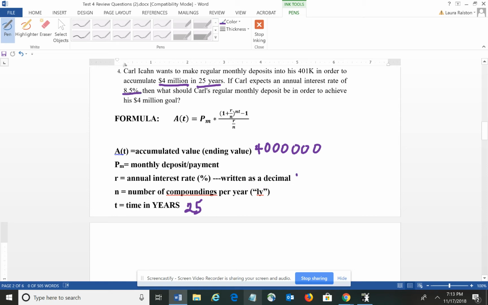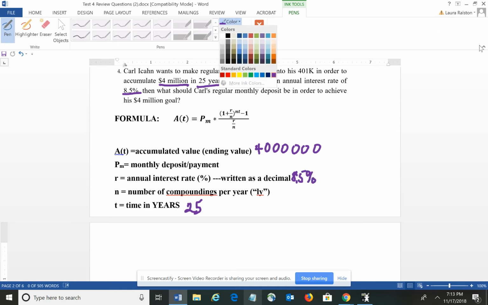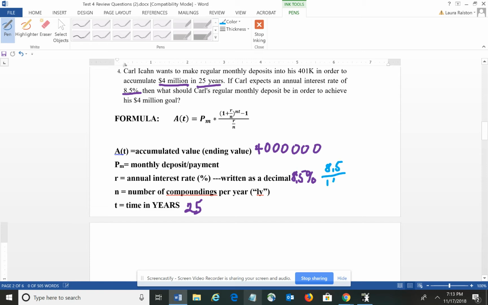So my interest rate as a percentage is 8.5%. For calculation purposes, though, that particular percentage needs to be converted to a decimal. Now, remember, to convert to a decimal, you take the percentage of 8.5 and divide it by 100, which gives you 0.085.